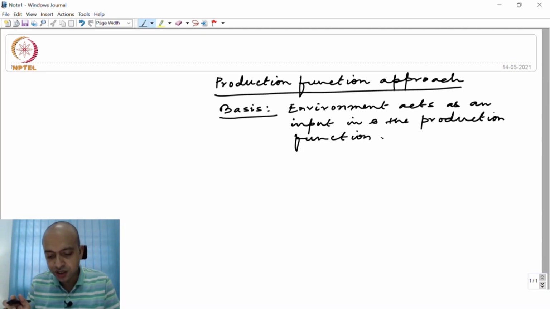So that means what we do here, step by step. First of all, environment acts as an input in the production function.